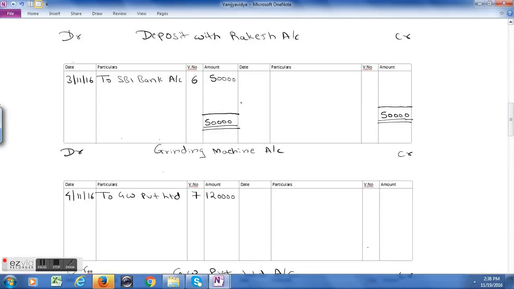As of 30th November 16 we'll write by balance carried forward 50,000, and since this is on the credit side, balance brought forward will be on the debit side. This is very important. Brought forward 50,000.